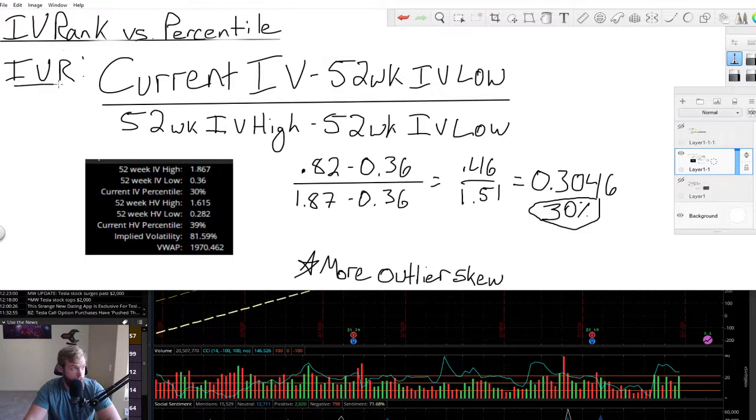This is the calculation for IV rank, not IV percentile. The reason it's so important to understand the difference is that this is susceptible to outlier skew. It's taking the extremes, the high and the low, so this can completely give you a false perception of where things are right now. That is why IV percentile is so much more useful than this.